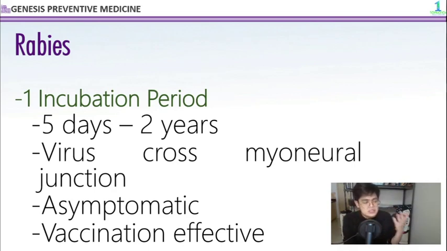This is why rabies vaccination is critical, because if you're able to catch the patient in the incubation period, generally your most fail-safe duration is within the first 5 days, then you can save them from any kind of fatal rabies infection.